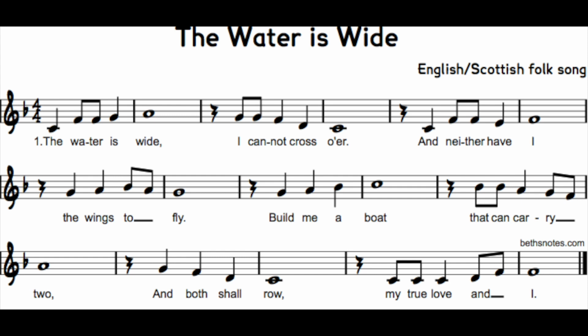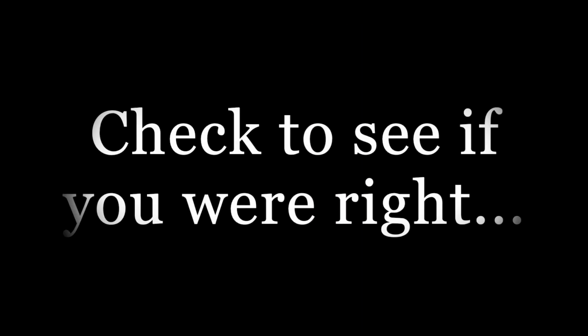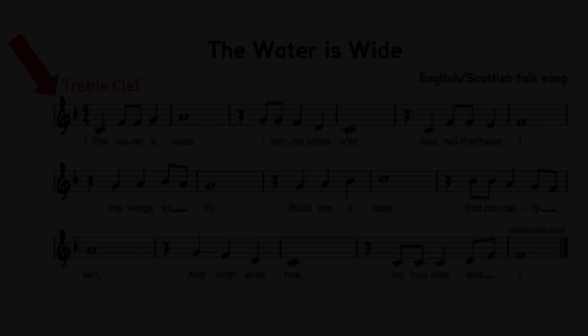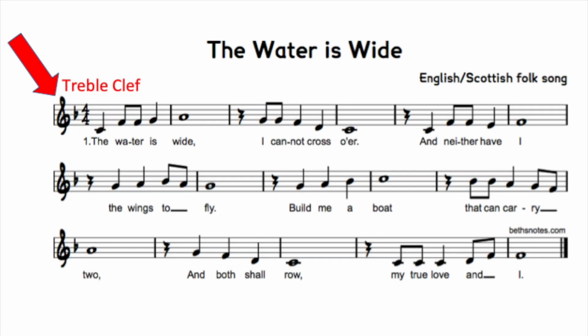Take a look at this piece of music and see if you can identify all of our music symbols. The treble clef goes at the beginning of each line of music.